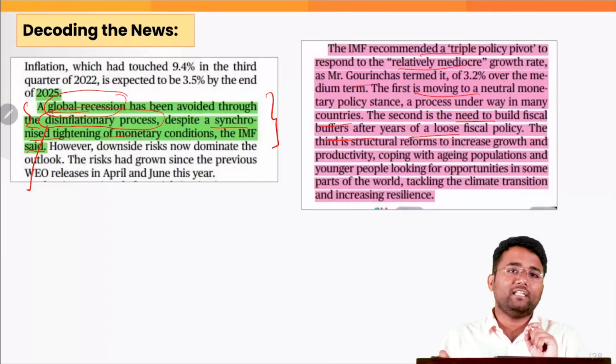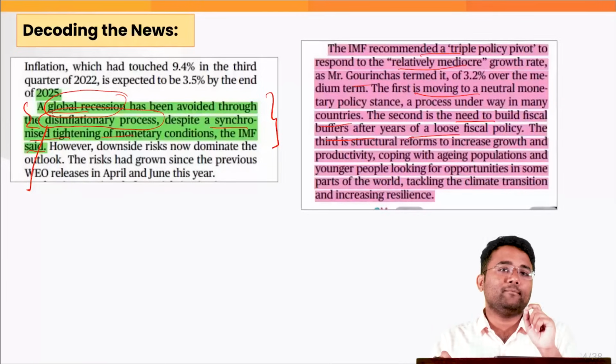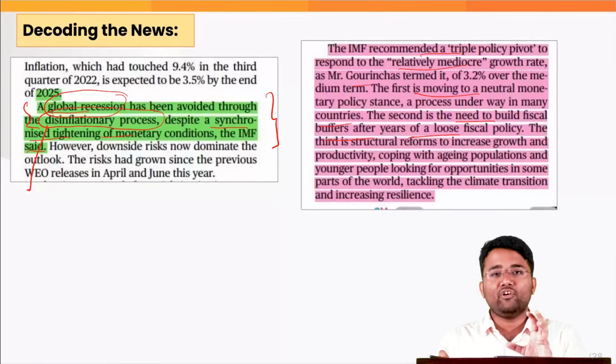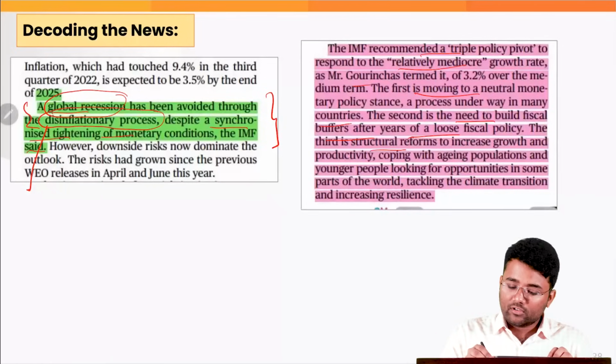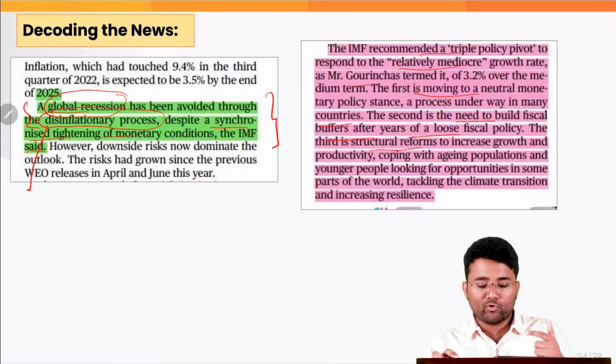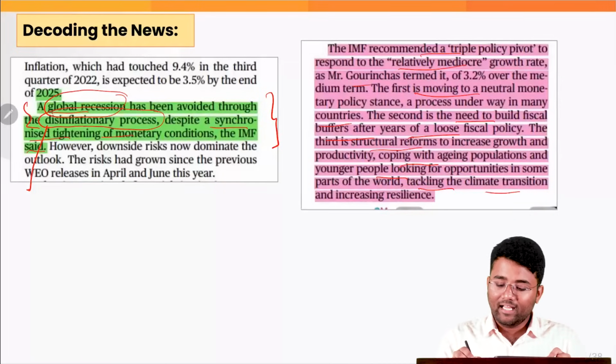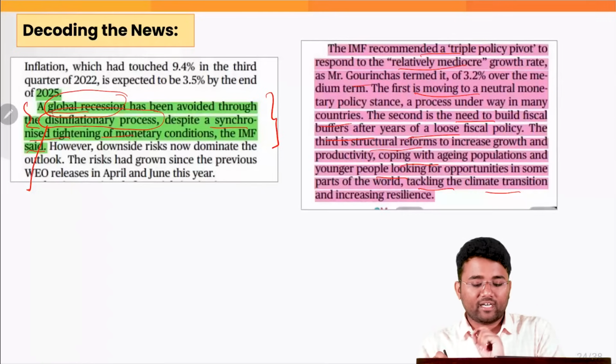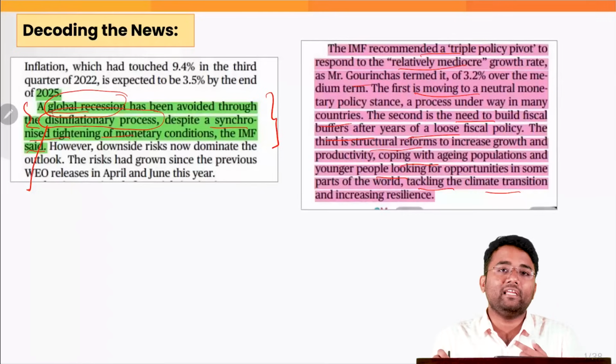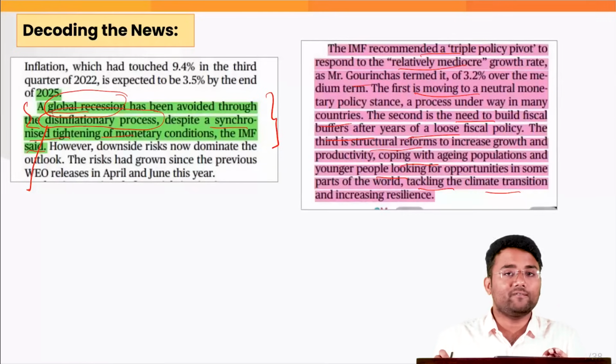Everyone should ensure that proper provisions are there to deal with any kind of market fluctuations. Also, structural reforms to increase growth and productivity, coping with the aging population as well as younger people looking for opportunities in some parts of the world, will help in tackling the climate transition and in improving the resilience of the economy.